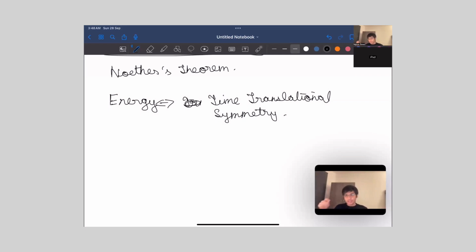If the symmetry is obeyed, energy is conserved. So again, time translational symmetry is the symmetry of systems behaving in the same way when played forward and backward in time. If the symmetry is obeyed, we get the conservation of energy. So that's our first conservation law, conservation of energy.